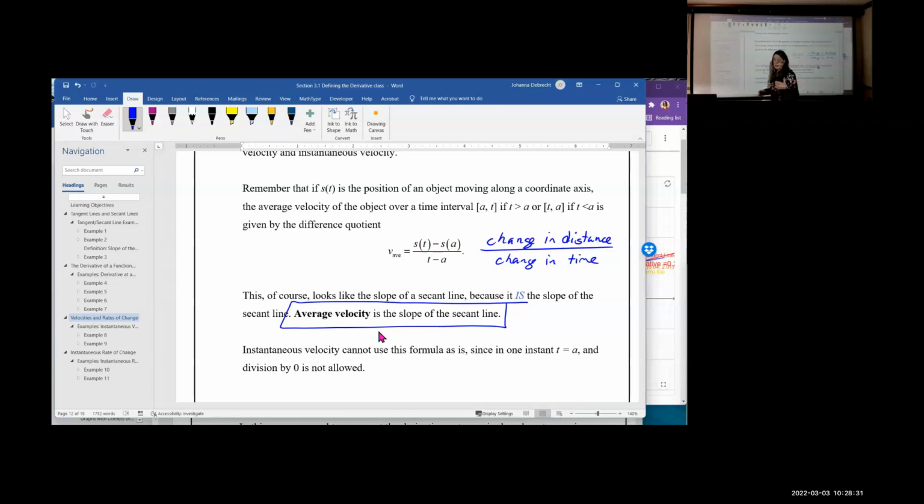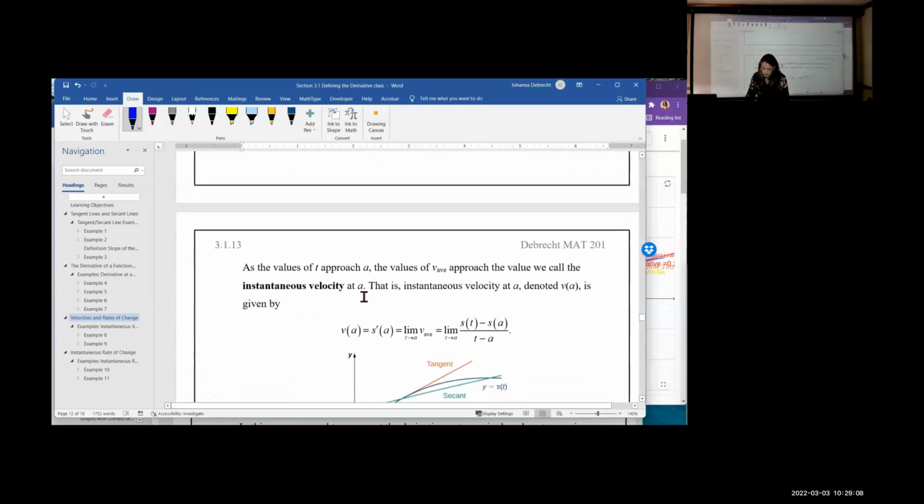And it turns out that instantaneous velocity is the limit of the slope of the secant line. So the instantaneous velocity is our derivative at a particular point. For the instantaneous velocity, we can't use the secant line formula because the change in time is 0, and thou shalt not divide by 0. So instead we take the limit of the average velocity as the time change goes to 0, and that will give us the instantaneous velocity.